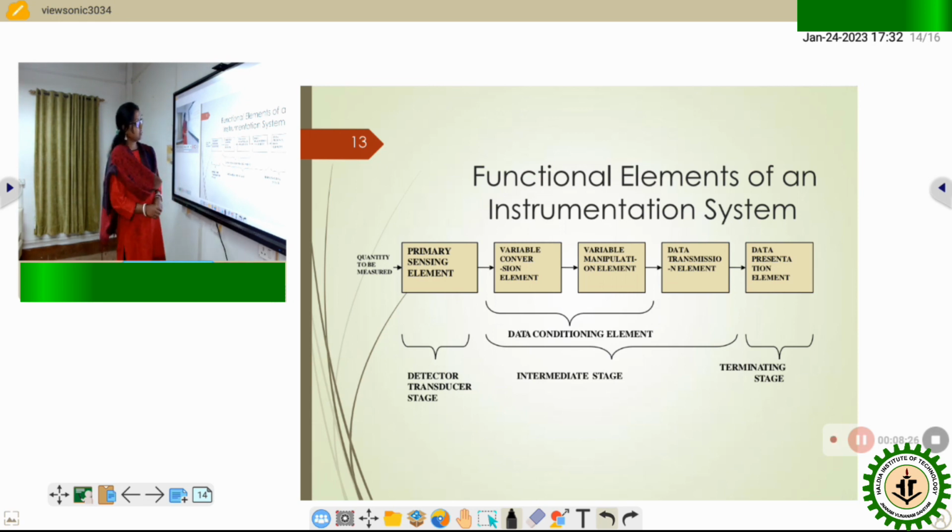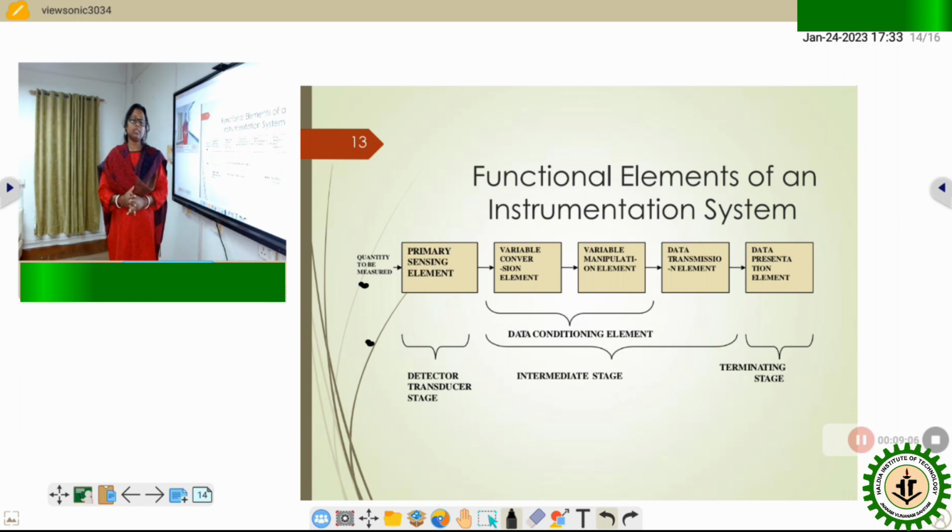Here, this is a block diagram of the basic functional elements of an instrumentation system. An instrumentation system comprises many types of blocks which function as a whole instrument. When we give input to a particular instrument, the measured parameter has to be given as input to the primary sensing element.